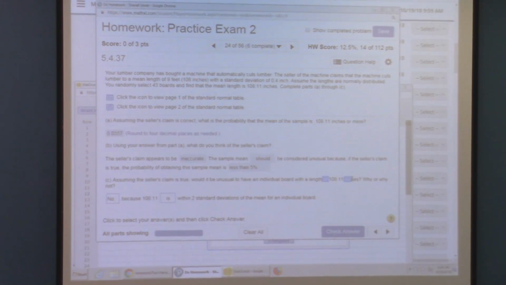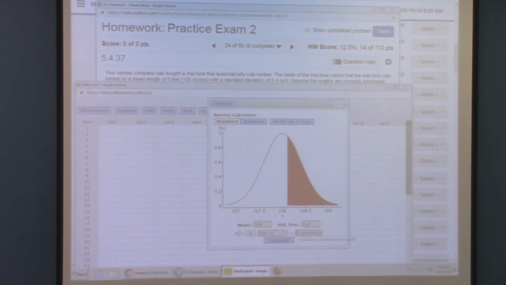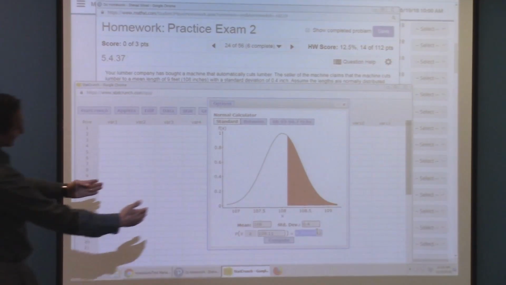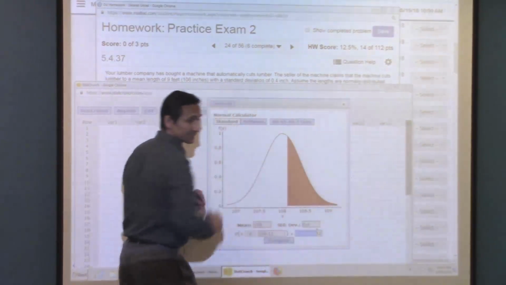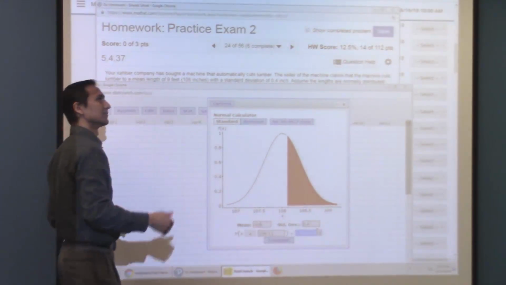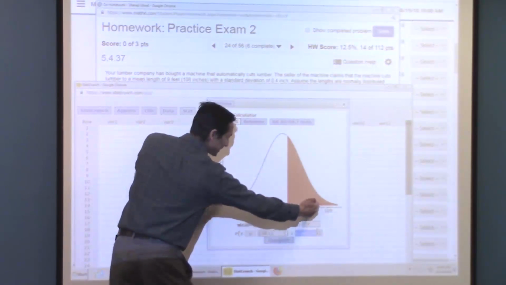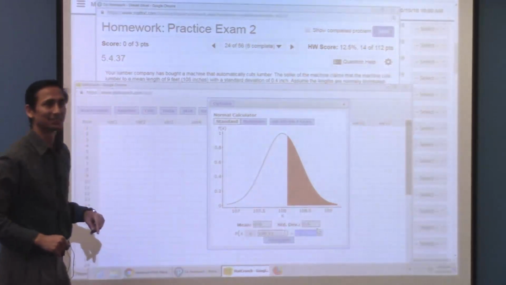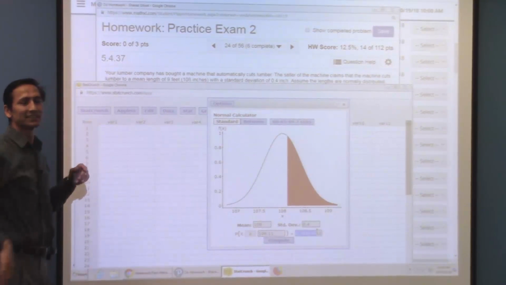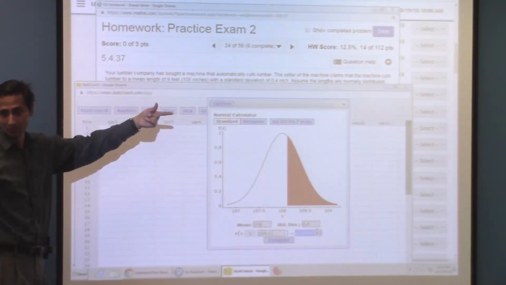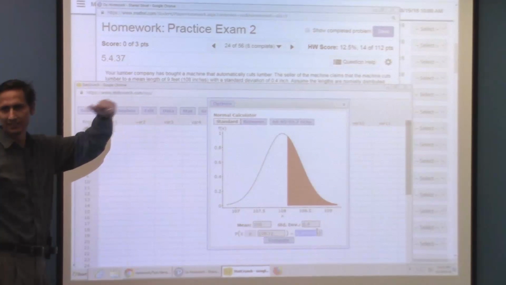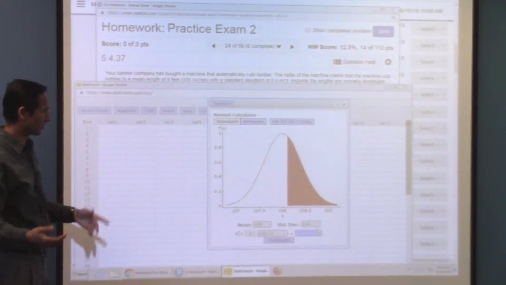Are you clear? What I'm saying is that this probability being more than 5% means it's within 2 standard deviations. Beyond 2 standard deviations means the probability is very low, under 5%.